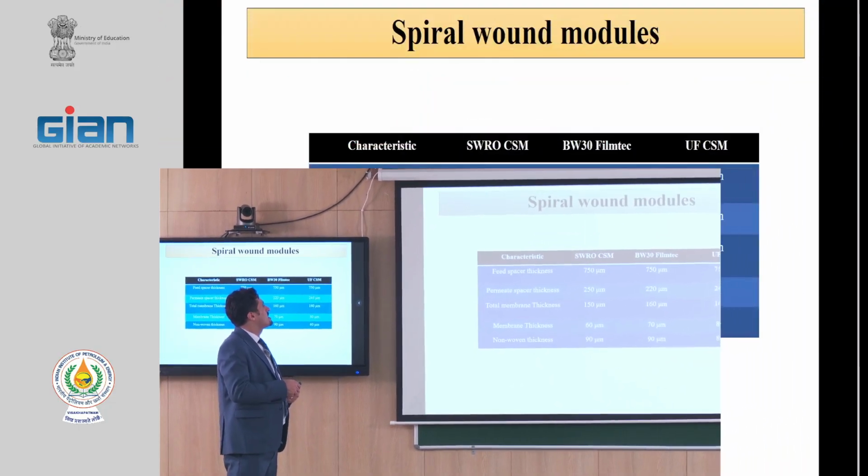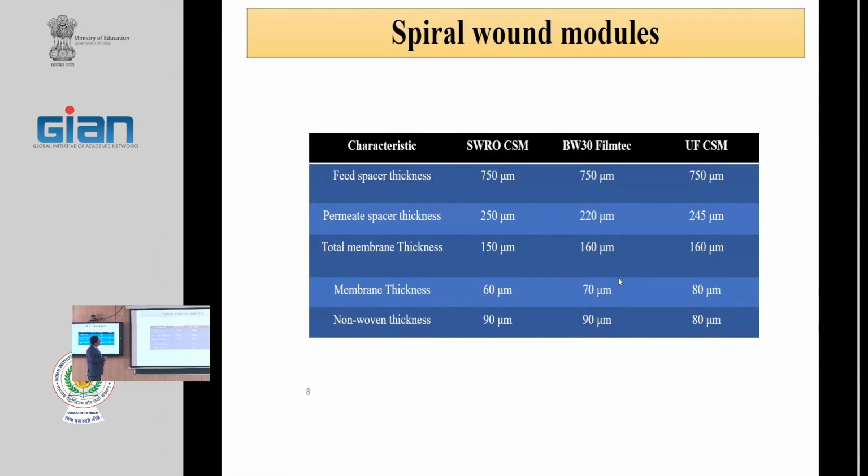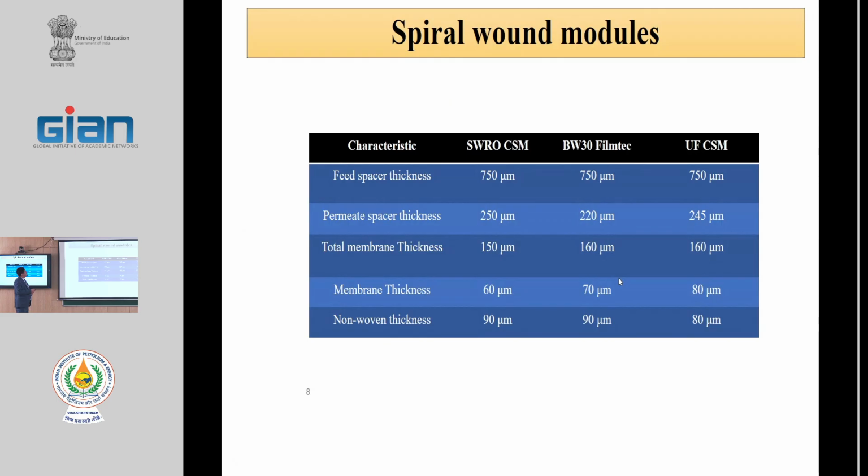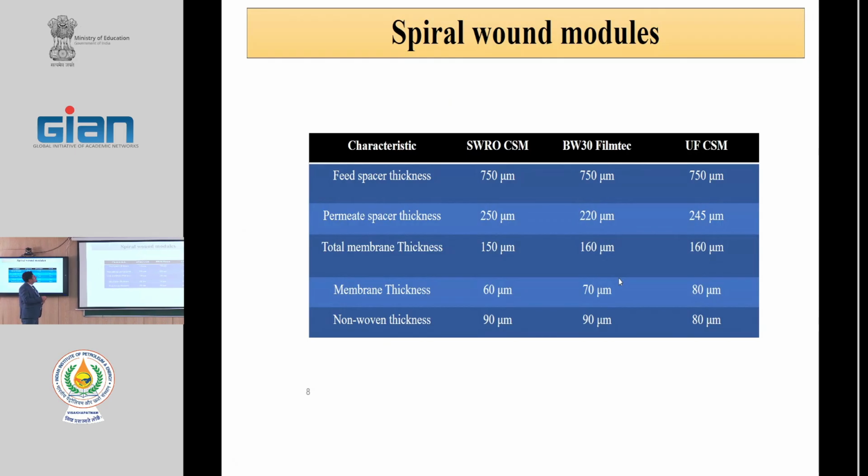When we speak about the spacer thickness, this usually is 750 micrometers. That means the feed channels have the height of this one. Therefore, I said that spiral wound is not suitable for particle separation because the pulp can block the entrance of the feed to the spiral wound.